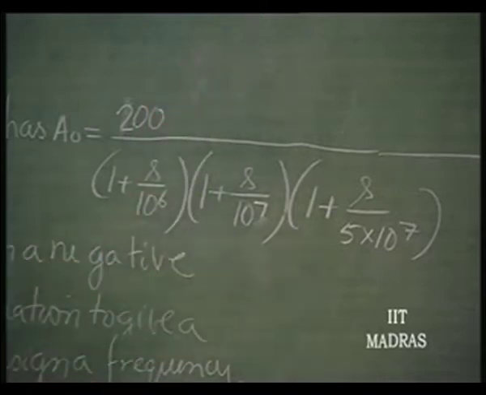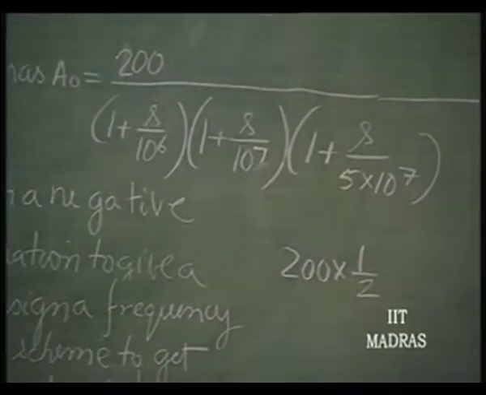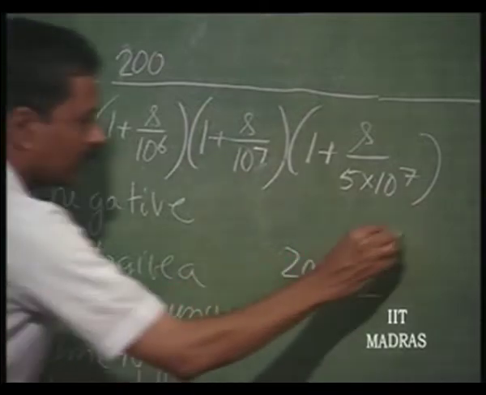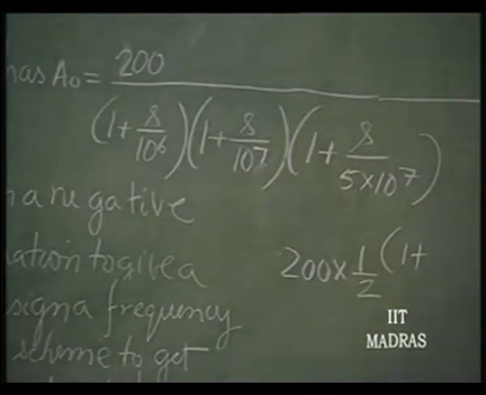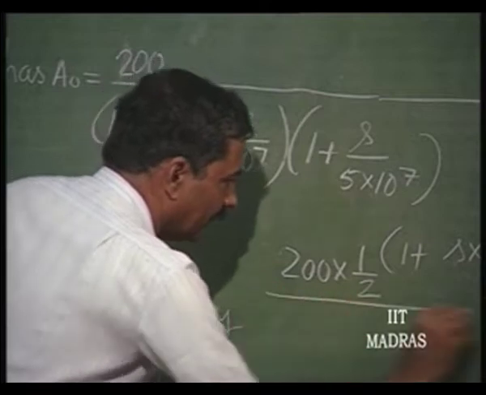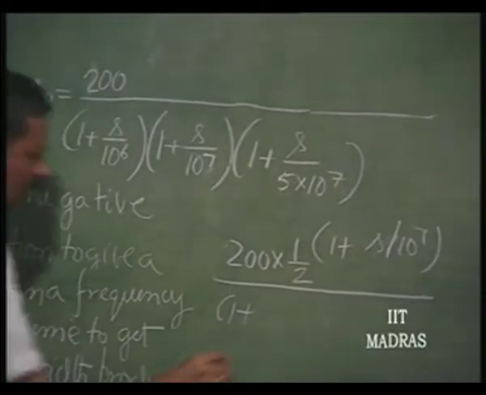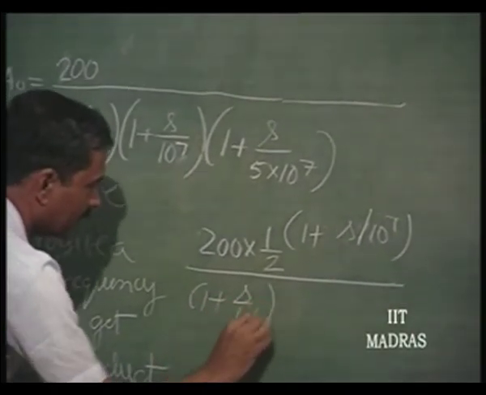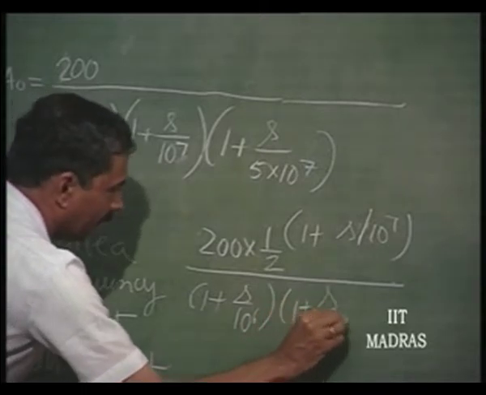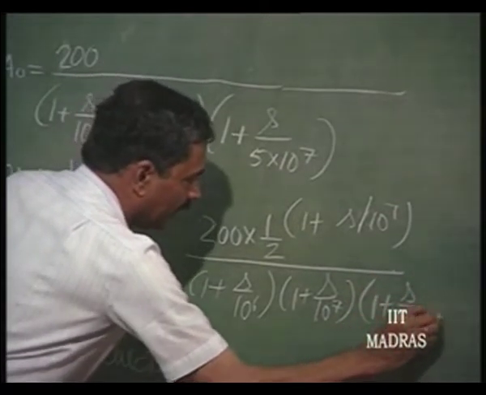So, in my problem I will redraw this here, 200 into half, this half into 1 plus S by 10 to power 7, divided by S by 10 to power 6, 1 plus S by 10 to power 7, 1 plus S by 5 into 10 to power 7.